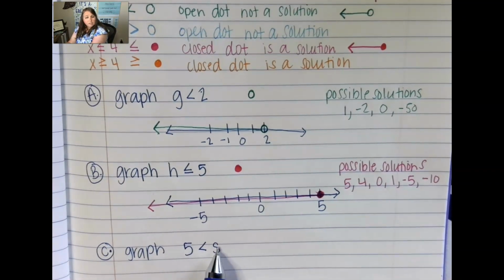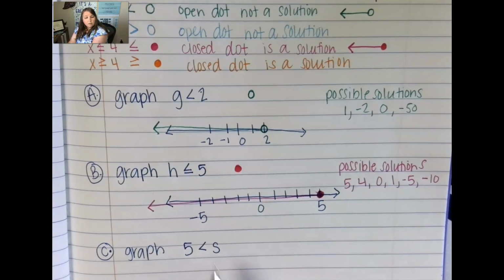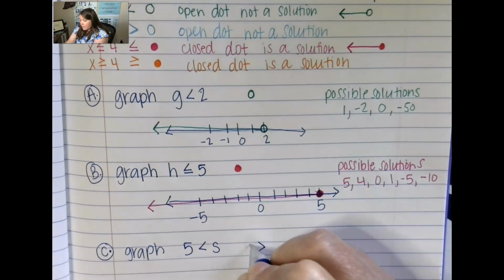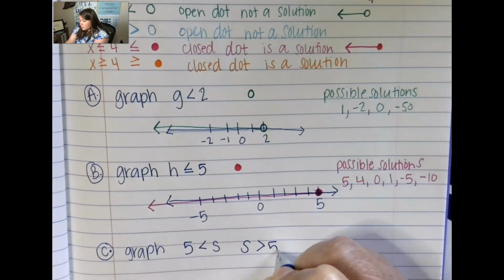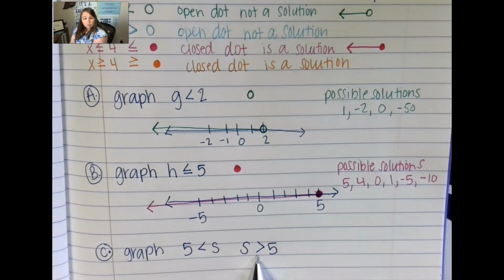So when we read this backwards, it says S is greater than because this greater than mouth is eating the S, not the 5, right? So 5 less than S, we're just going to flip the symbol around and then flip the numbers. So now it says S is greater than 5.